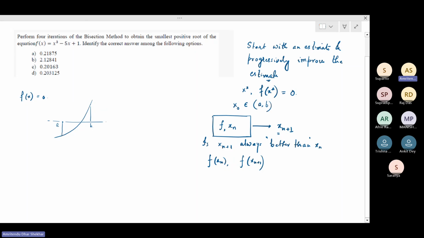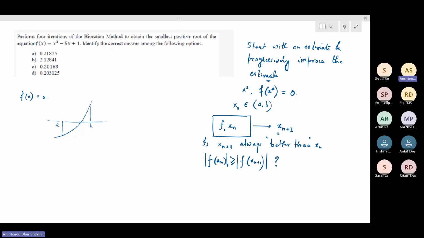Now you want this to be as close as possible to zero. So the question is, if we take the absolute values, is it necessarily true that mod of f of xn plus 1 is always going to be smaller than mod of f of xn?